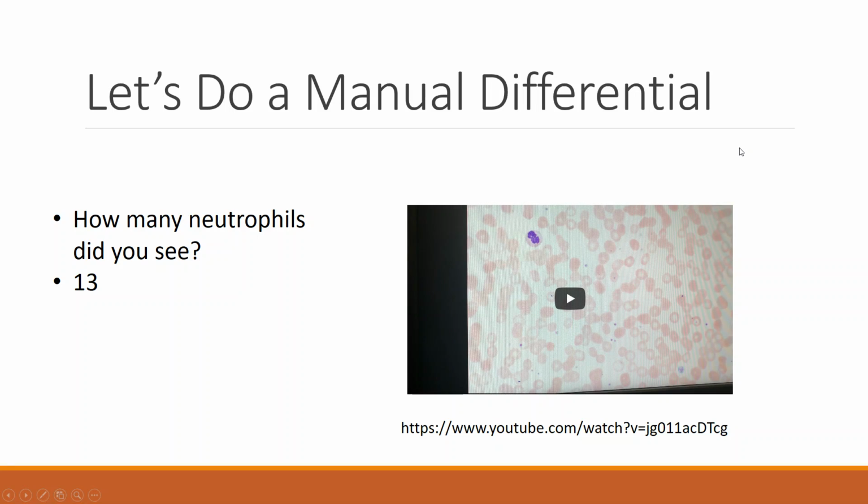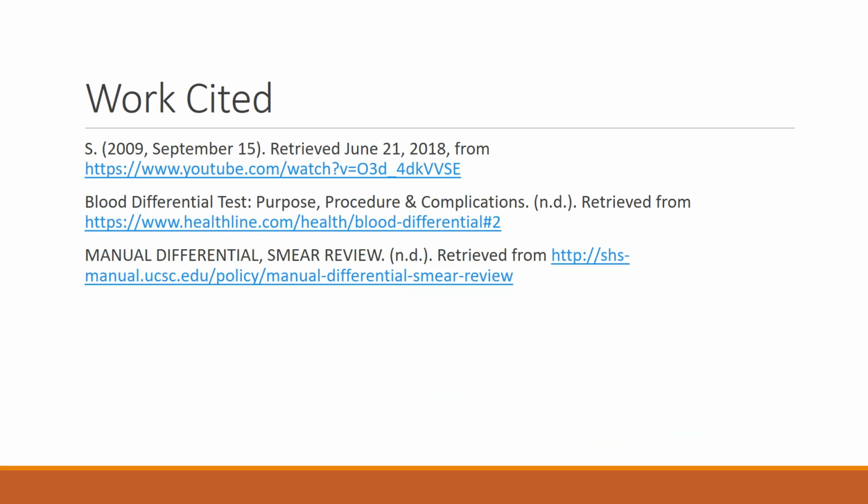So, did you guys get 13 neutrophils as well? Check around with your group members to see if you guys got the same amount as well. And that's it. Thank you guys for your time.